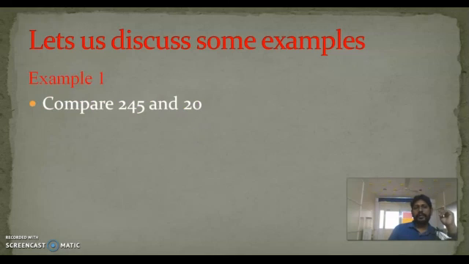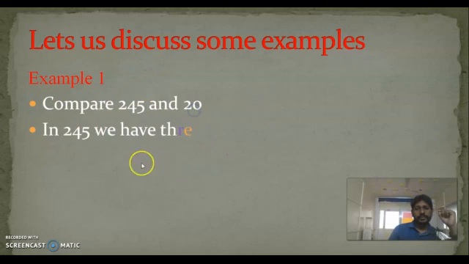Example 1. Compare 245 and 20. So in this example, what are the numbers? 245 and 20. In 245, count the digits: 1, 2, 3.